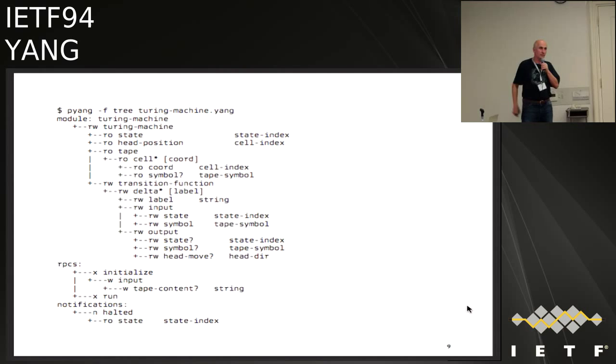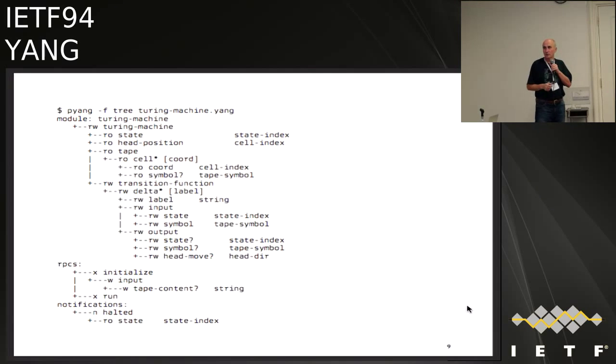Then we also have a configuration that describes the transition function for the Turing machine. And then we also have an RPC for the Turing machine, which enables you to initialize and start the computation.